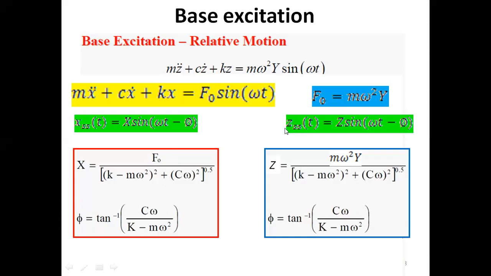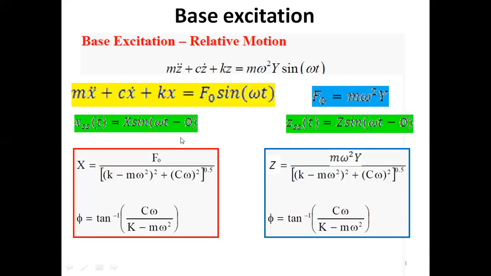And the steady state response in terms of relative displacement, z steady state of t, we could write as capital Z, which is the amplitude of the relative displacement, sine omega t minus phi. Here we have to replace capital X by capital Z, and F naught by m omega square y. Phi would remain the same equation, c omega over k minus m omega square.